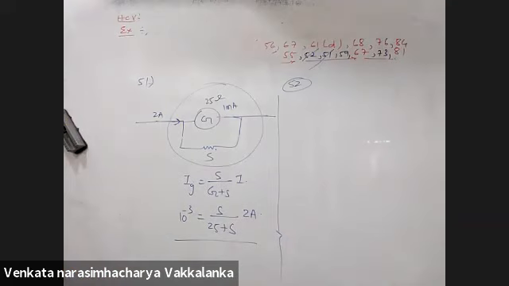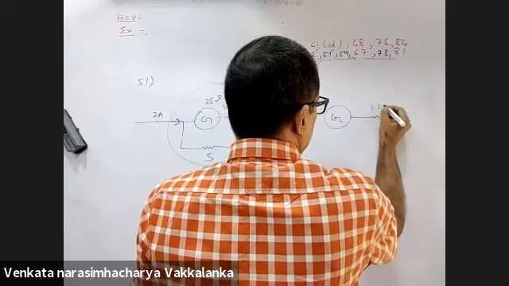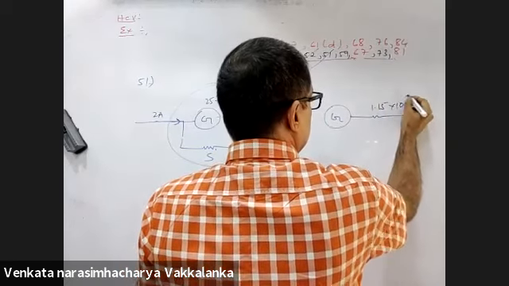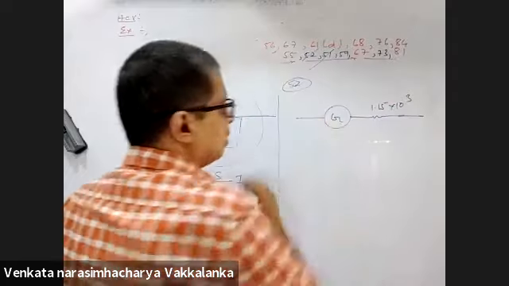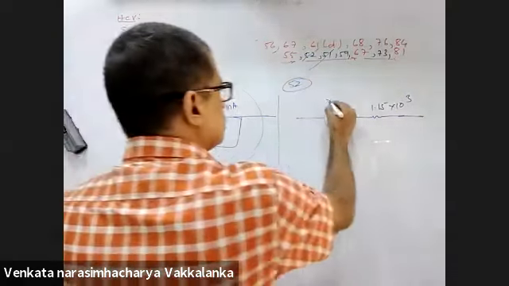Question 52. A voltmeter coil has resistance of 50 ohms and a resistance of 1.15 kilo ohms is connected in series. This is the galvanometer, 1.15 into 10 raised to 3, with the voltmeter coil of 50 ohms.